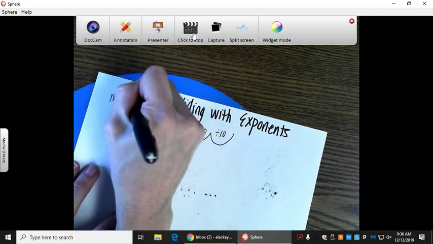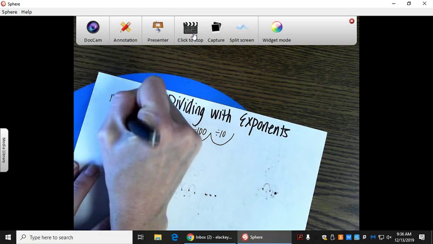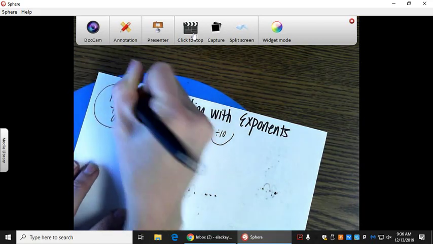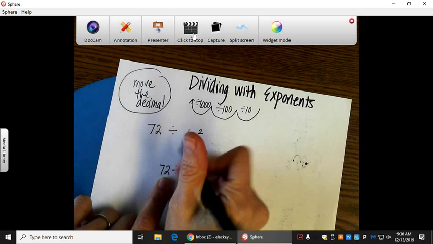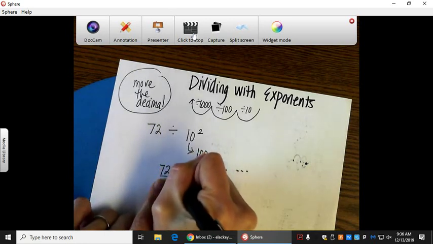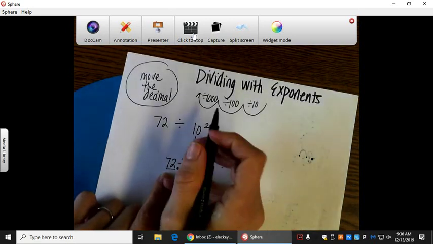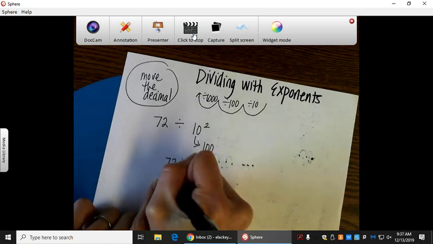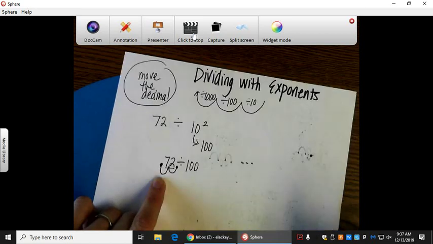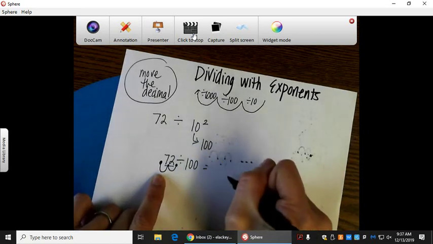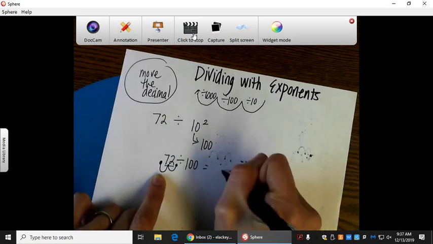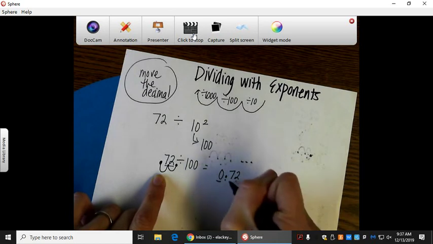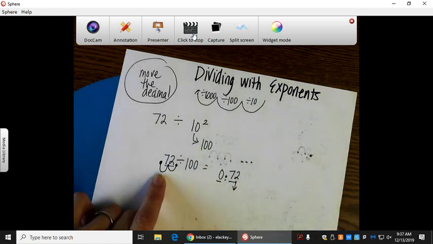Because you can't see the decimal in 72, it's 72 whole, so the decimal is here. Moving it 10 times smaller, 100 times smaller, now the decimal's there. So now my answer is decimal 72, which is really 0 and 72 hundredths.